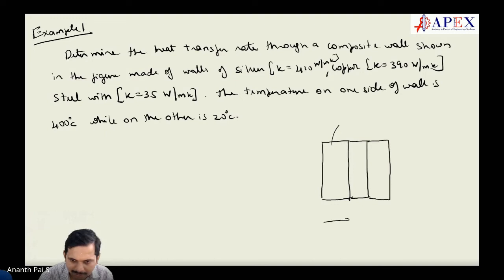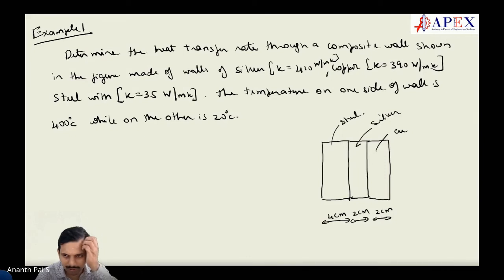So I'll say this is a 4 centimeter thick steel wall. Then we will have the silver wall of say 2 centimeter, and then 2 centimeter of copper.